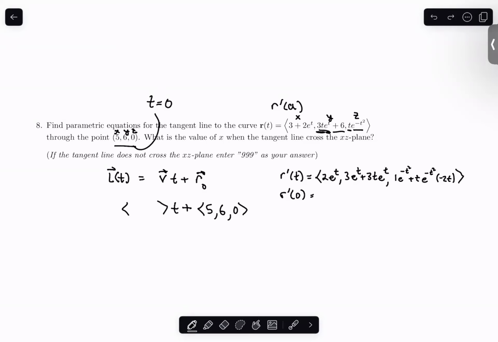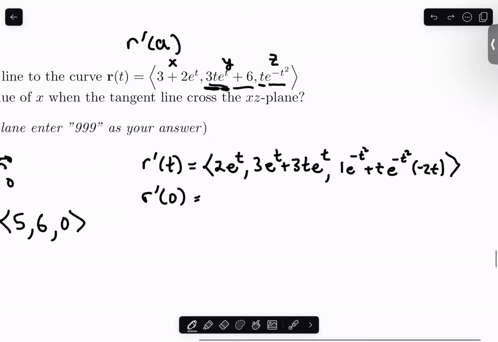Good question. Okay, now I can plug in my special time and figure out what way the curve is headed. What is the direction of the curve at that time? So when I plug in 0, I'm going to get 2. I'm going to have 3 times 1 plus 0 times, who cares?